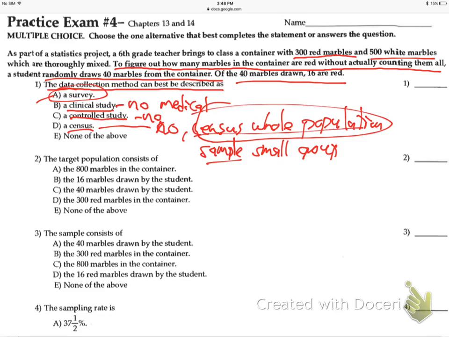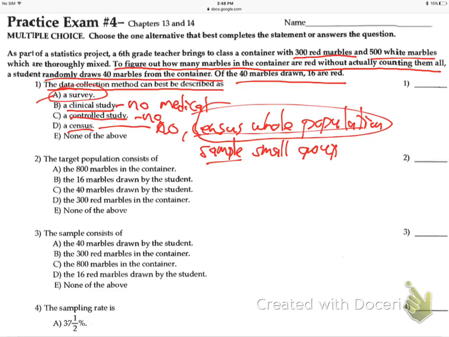So on number 2, what's the target population? Think about that for a minute. The target's what you're aiming at, right? Like the archer. What are they aiming at on that question? What's their goal?